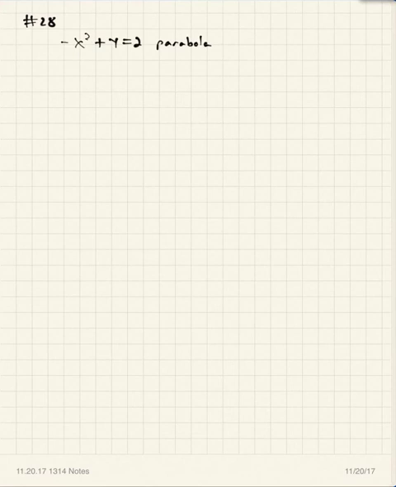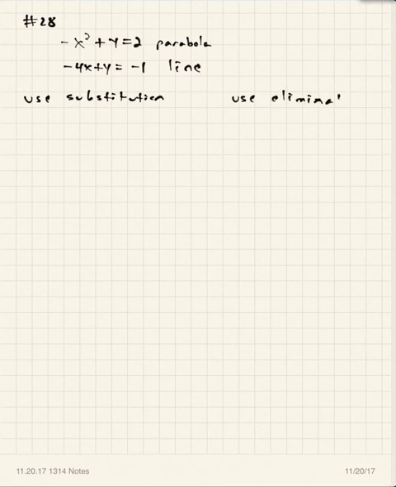And then you have negative 4x plus y equals negative 1, and that's a line. So we could have as many as 2 points of intersection between a parabola and a line. All right, so let's use substitution to solve this, and then right alongside of it, we're going to use elimination to solve it. And let's see if one method is better than the other one in this case.